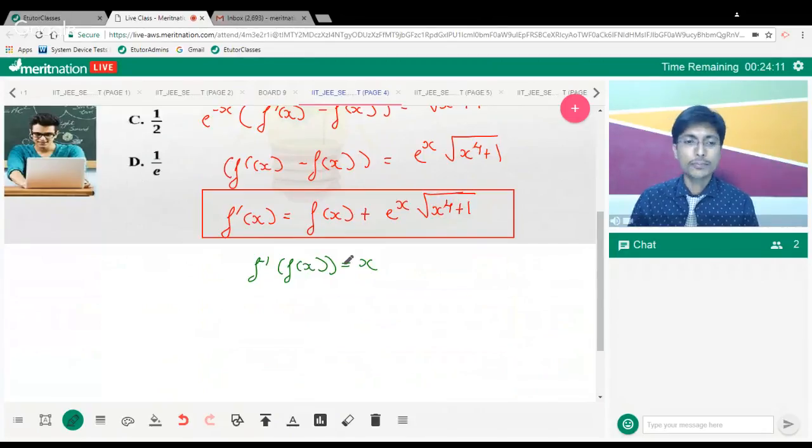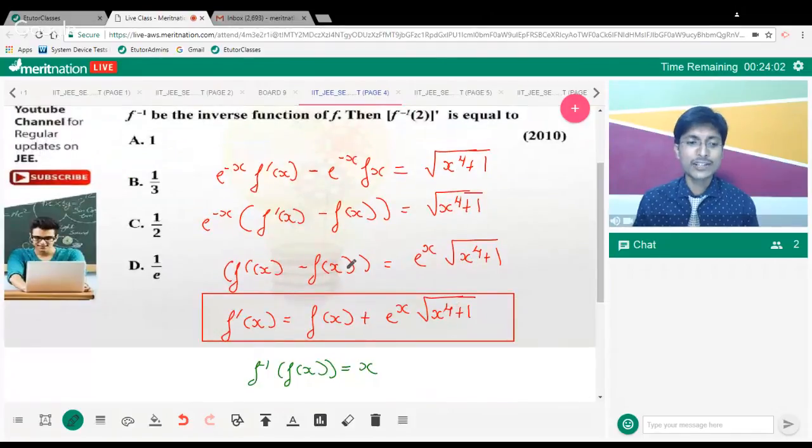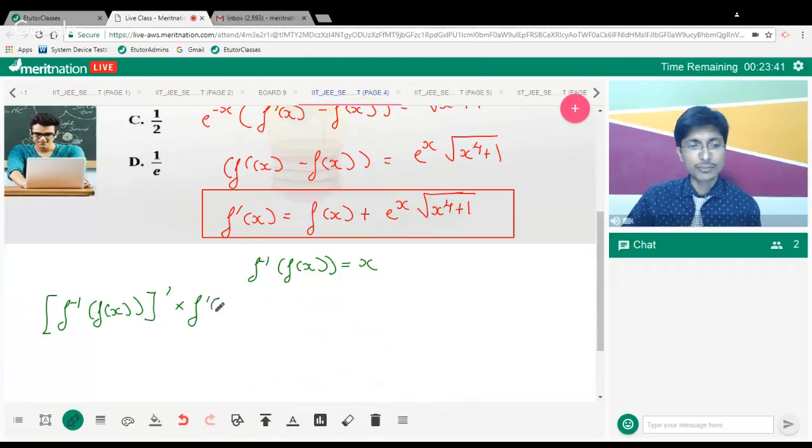I'm doing this because in the question it is asked f inverse differentiation, so I need to resort to something of f inverse. And f dash x I already have in the expression before. So if I differentiate this, by chain rule, I'll have f inverse dash of f(x), and then I'll have f dash x by chain rule, guys. And differentiation of x is 1.